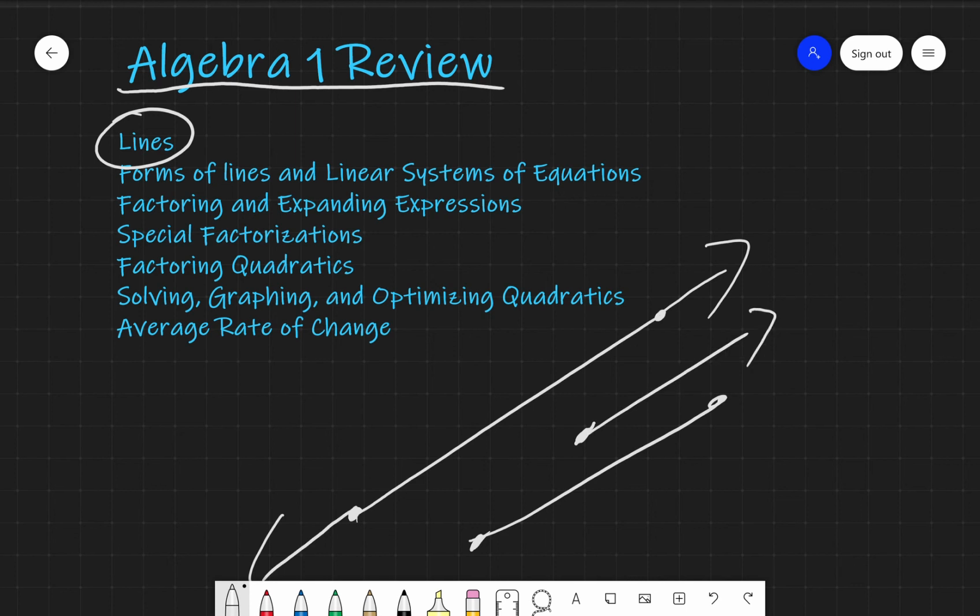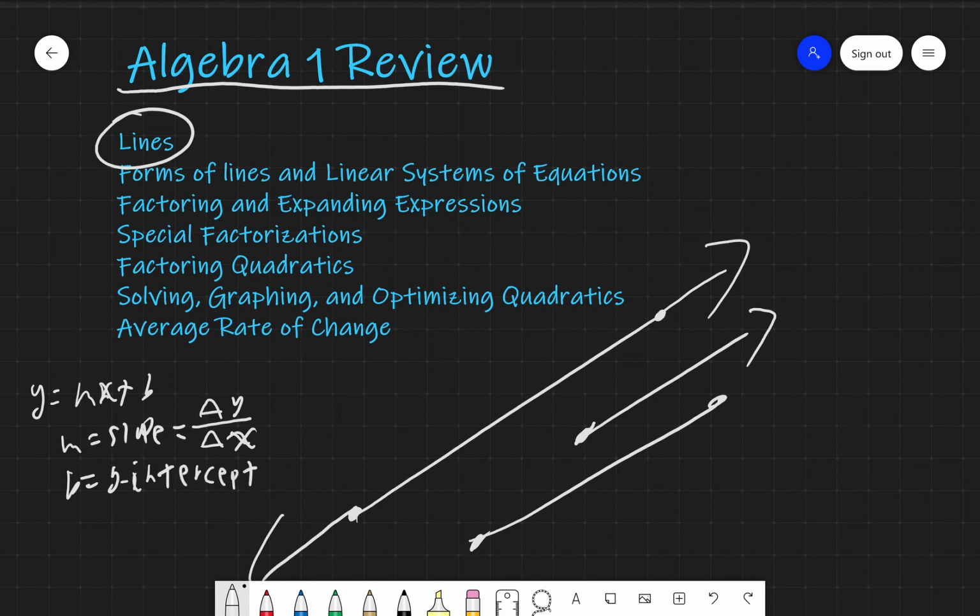Okay, cool. So now, we're going to be talking about the forms of lines. That would be so we graph it like this: y equals mx plus b, m equals a slope, which is equal to the change in y over the change in x. B equals a y-intercept, and that's equal to f of 0.